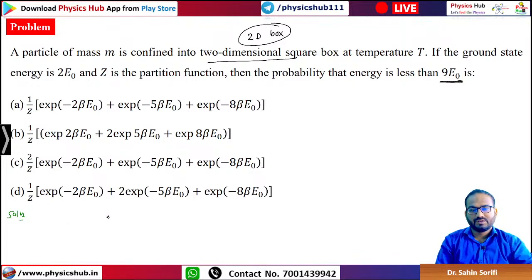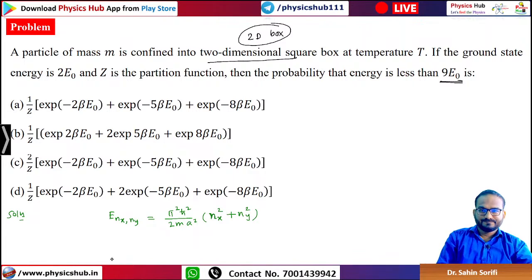For a 2D box, the energy level E nx ny is equal to pi square h cut square by twice m a square times nx square, plus another term ny square for the second dimension. Now what will be the ground state?